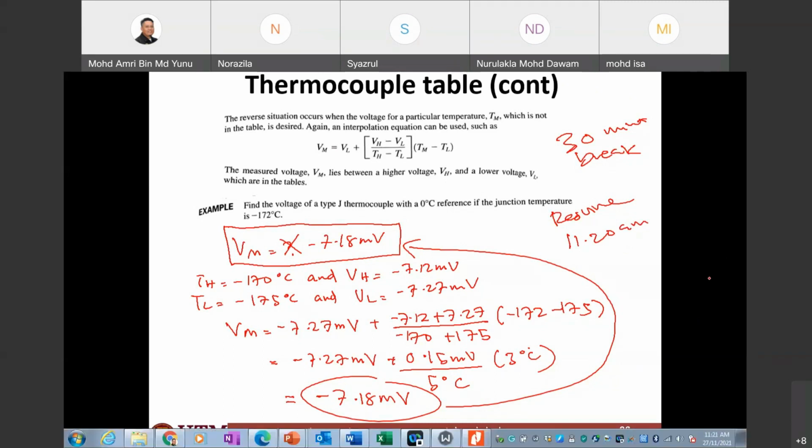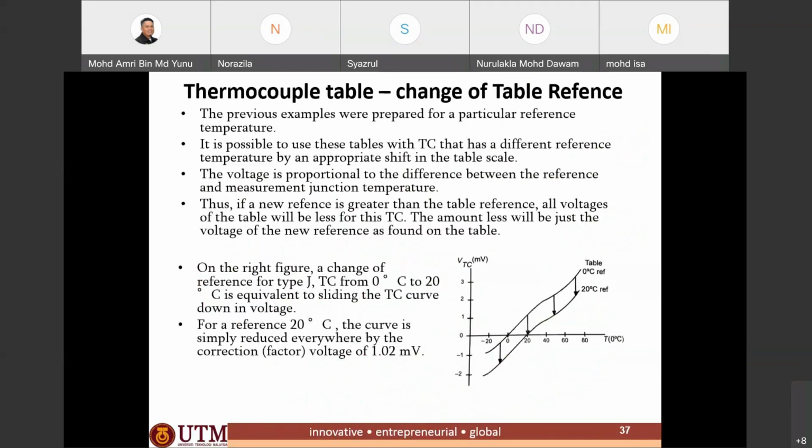We'll resume our class today. As asked by a student, what if the reference junction is increased? For example, the reference junction stays at 0 degrees Celsius, but it has been changed to a different value.